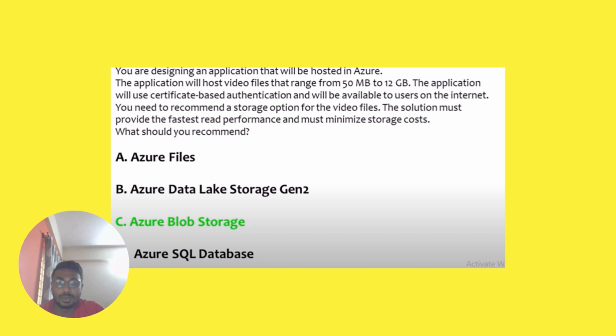In that case, we can use Azure Blob Storage. It provides a storage option for video files with the fastest read and write operations, so we should recommend it for an application with video files ranging from 50 MB to 12 GB.